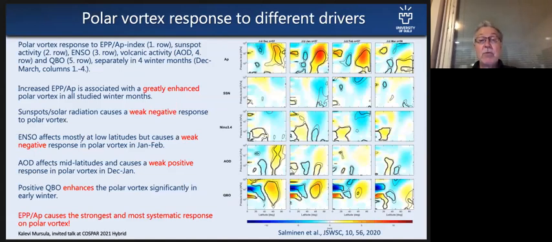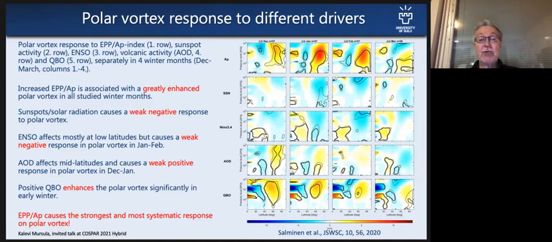We have done also a multilinear regression study of the response of the polar vortex, zonally averaged zonal wind at different latitudes and altitudes, to 5 drivers separately in 4 winter months.